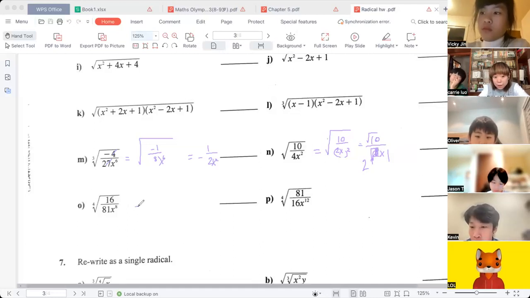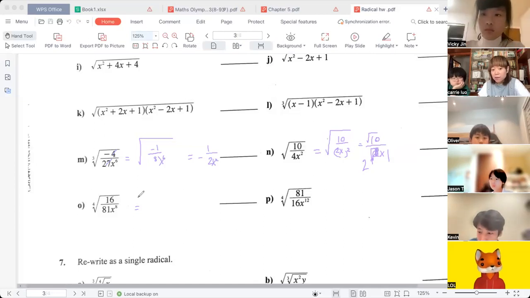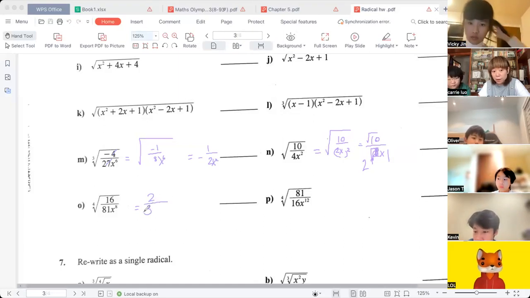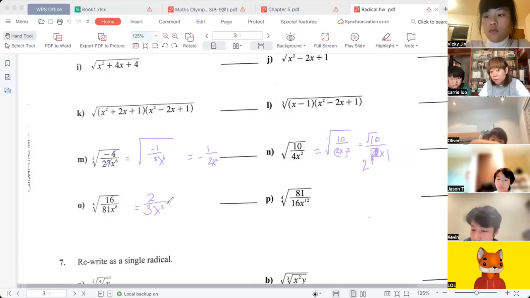Okay, this one is the same: when you see numbers, don't worry about them, Oliver. We have 16 and 81. Those are obviously positive, so you don't have to do anything. So it's 2 over 3, right? Here is x to the power 8, so it's what? x to the fourth. Here I don't need to do anything, why? Because this x has a square on top of it, so no matter whether it's negative or positive, it shows up as positive. Get it?